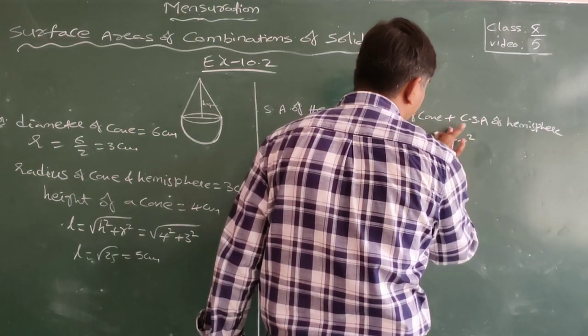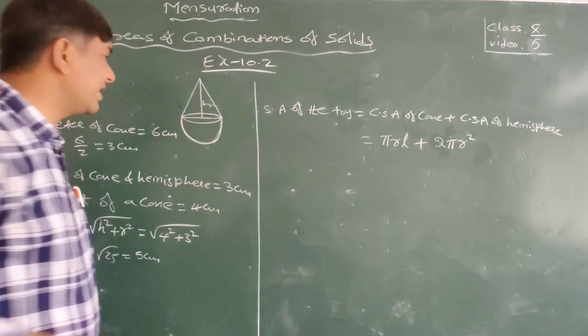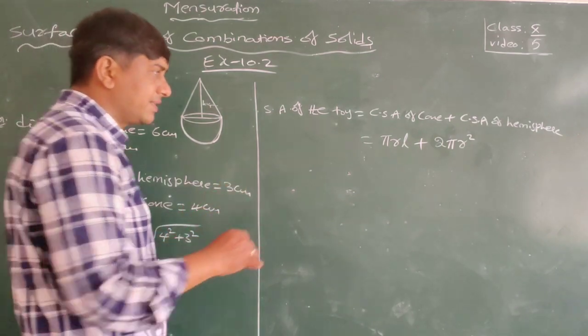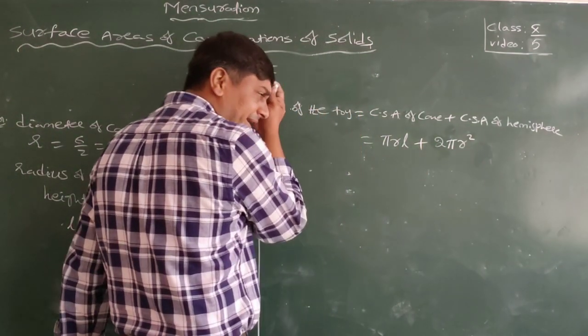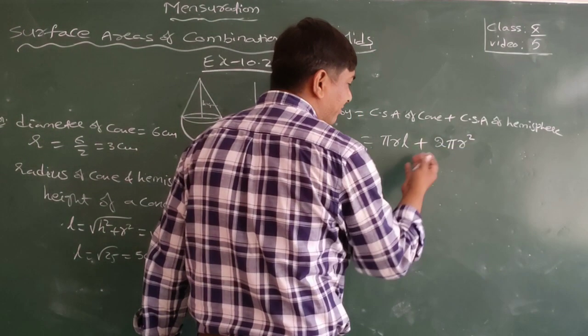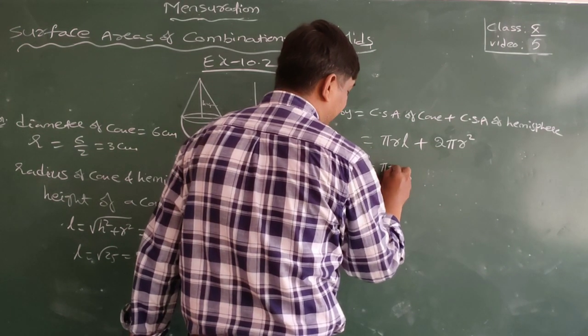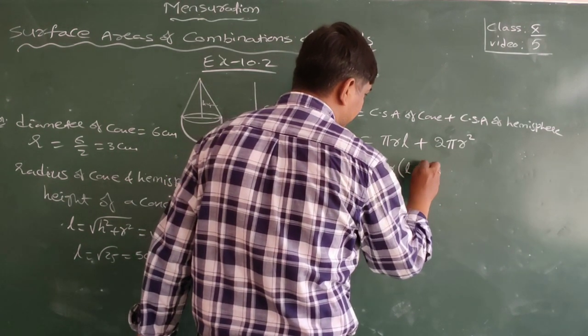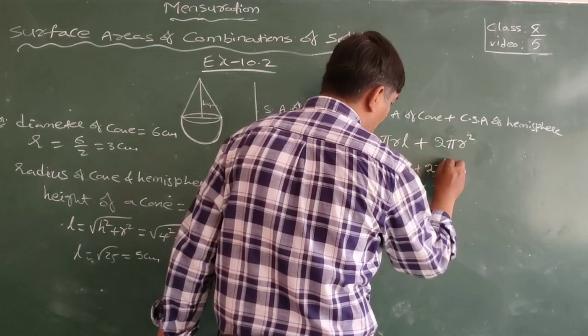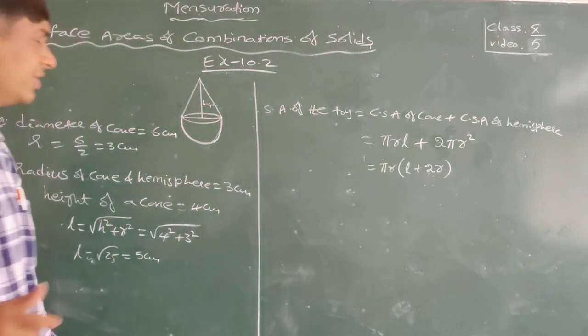Since the common base has the same radius, we take the same radius. If the radius were different, we would take different values. So taking pi r common, it is pi r (L plus 2r).